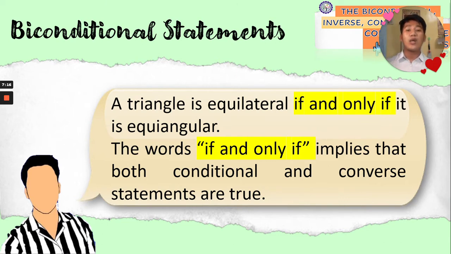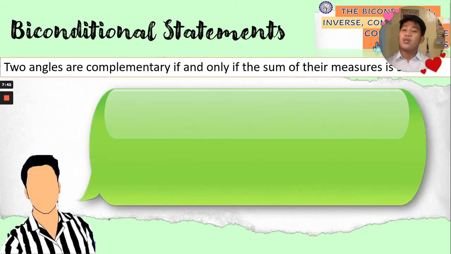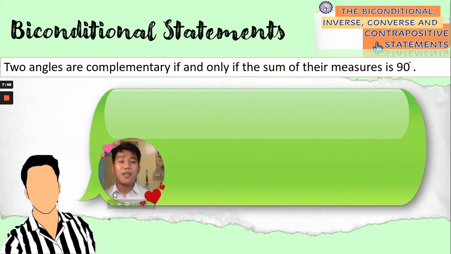So the words if and only if imply that both the conditional and converse statements are true, and that is a biconditional statement. If both the converse and conditional statements are true, we call that a biconditional statement, and we can use if and only if for these statements. Now, let's have some examples of biconditional statements. Two angles are complementary if and only if the sum of their measures is 90 degrees.